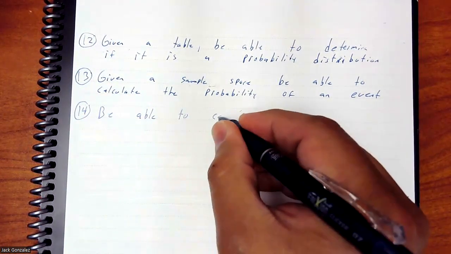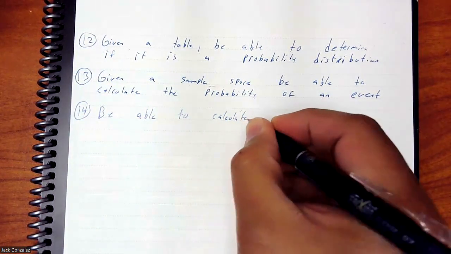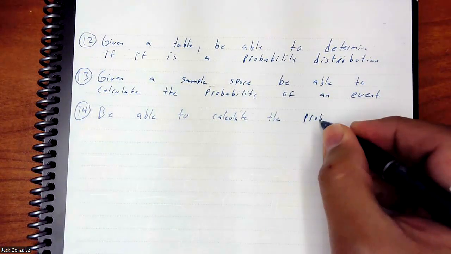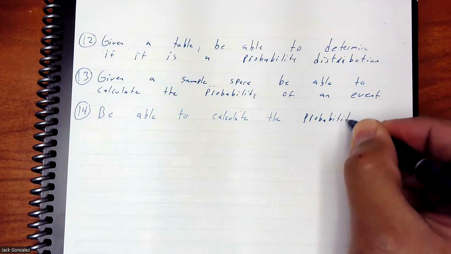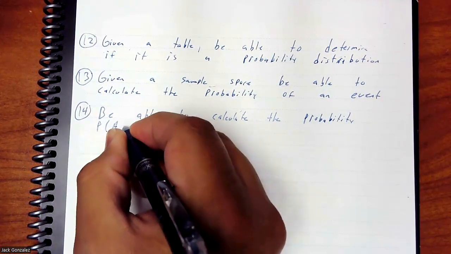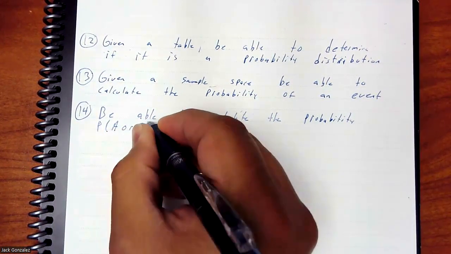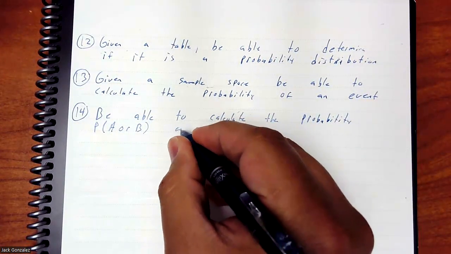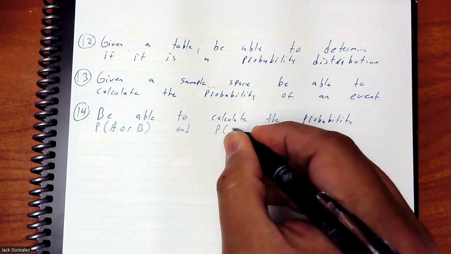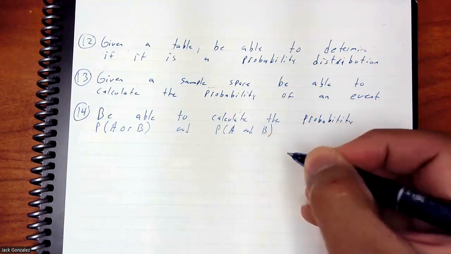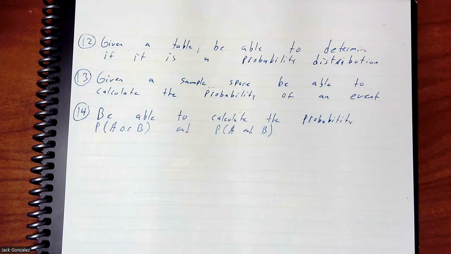Be able to calculate the probability of something like this. We combine two different events, A or B, and probability of A and B. And I'll give you a formula for each one.